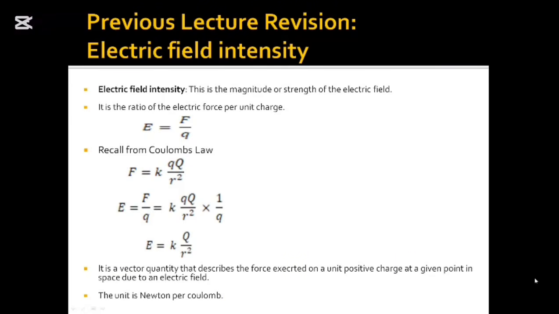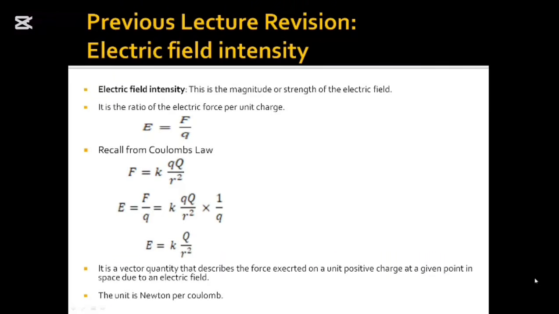So, if we say that electric field intensity is force per unit charge, which I explained in that class, per simply means divide or division. So if you say force per unit charge, it means force divided by charge. And the force we're talking about here is electrostatic force, which is kQq over r squared.